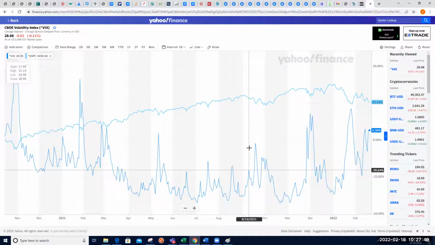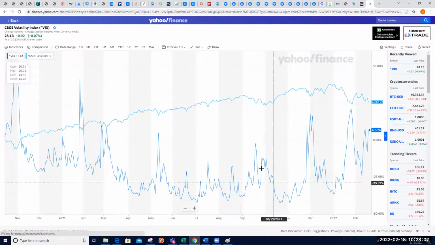However, when they cover their positions, although the index may continue to go down, the VIX is actually decreasing. Okay. I see.